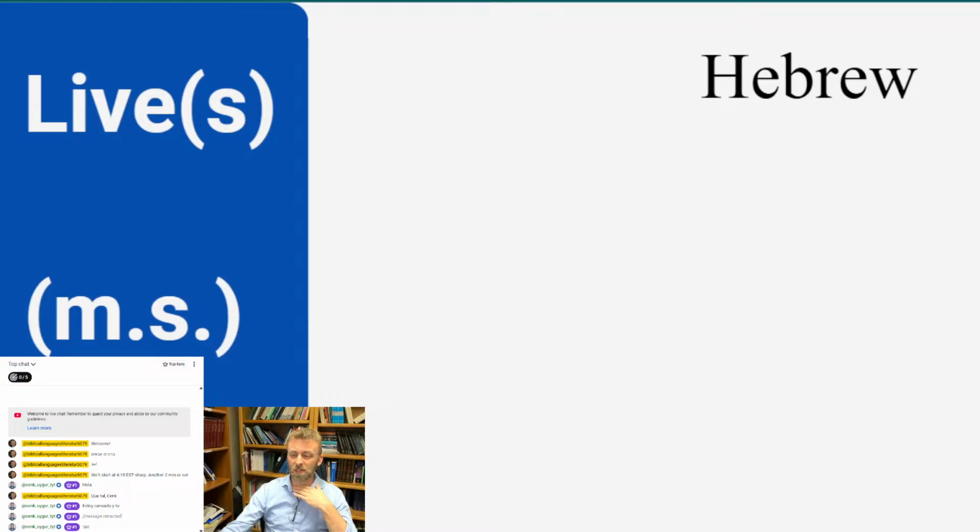And we can use this for I, for you masculine, or for he. And the form is gar. Okay. So I live, if a male is speaking, gar. You live, if we're speaking to a male, gar. He lives, gar. Okay.